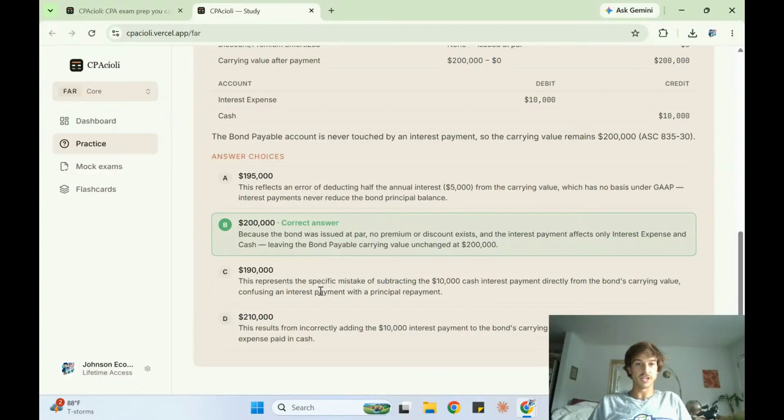I was confusing the interest payment with the principal repayment, because the interest expense never hits the carrying value of the bond.